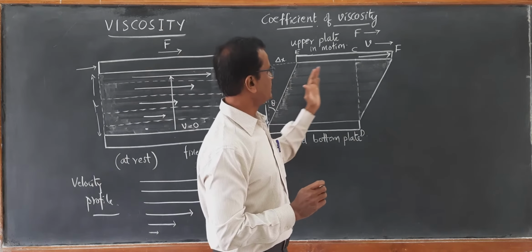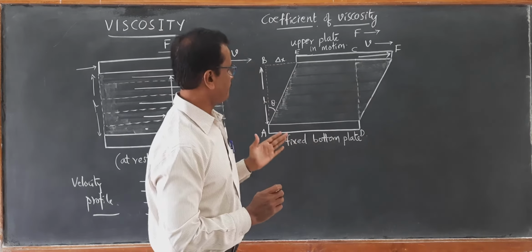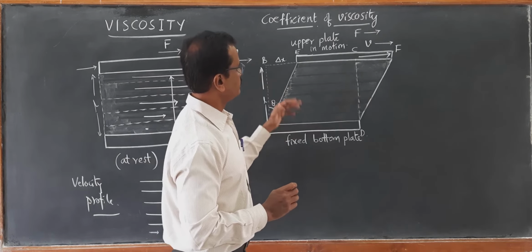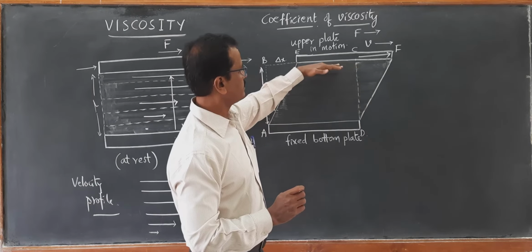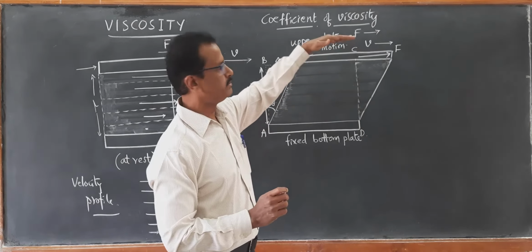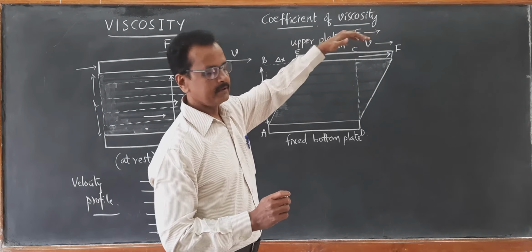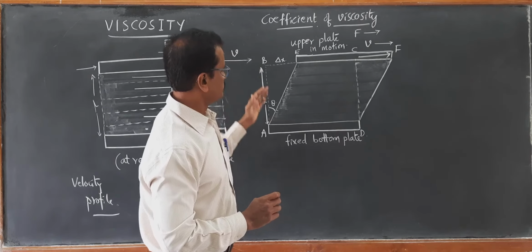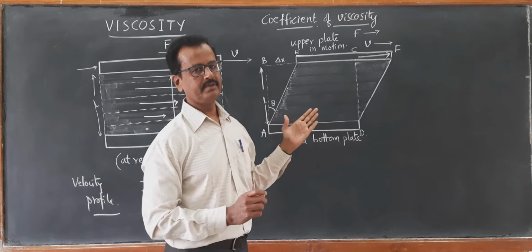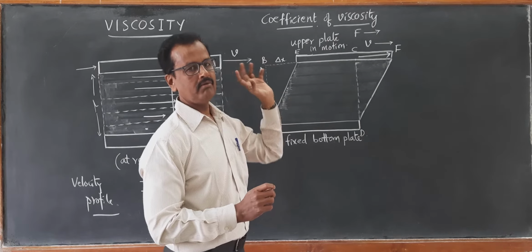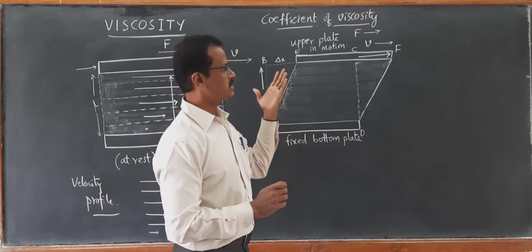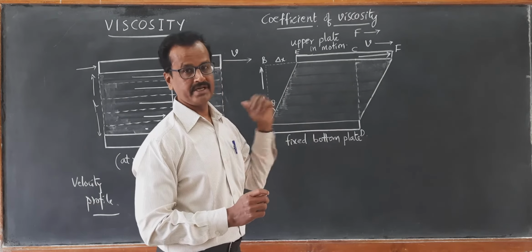Now, when it is set into motion, the layer of liquid just below the glass slide will be moving with velocity v. Then there is a change in shape. When there is a change in shape due to applied force, we can relate the shearing stress with the shearing strain.